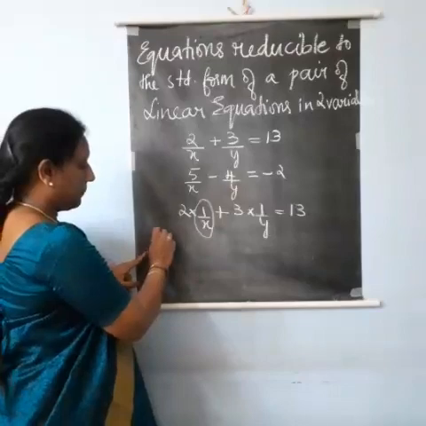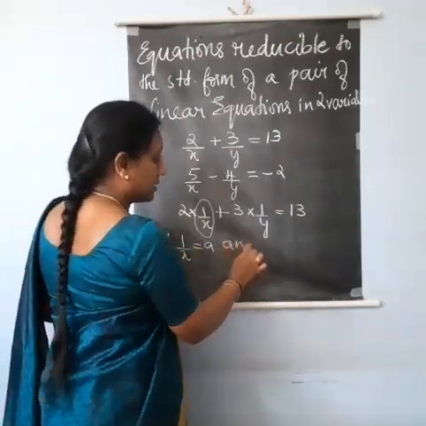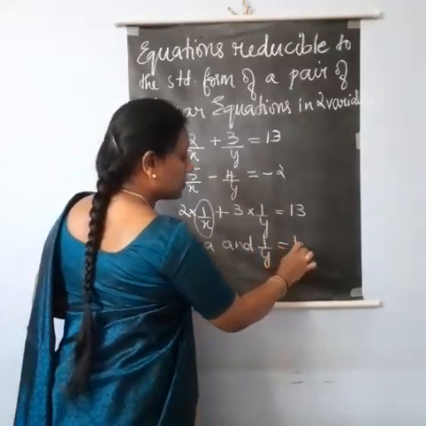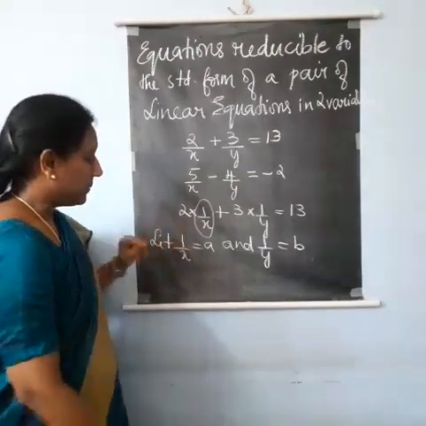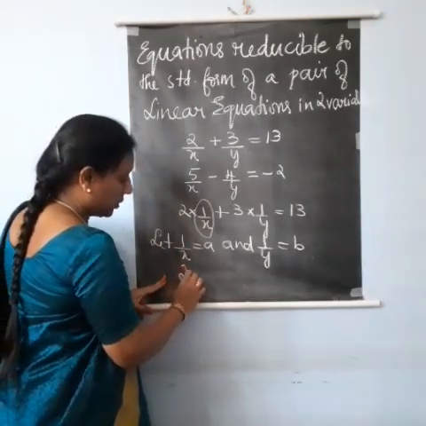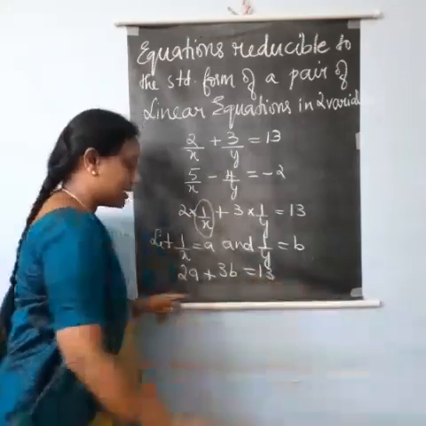So what will happen? Let 1 by x equal to a and 1 by y equal to b. Then what happens to this equation? It will become 2a plus 3b equal to 13.